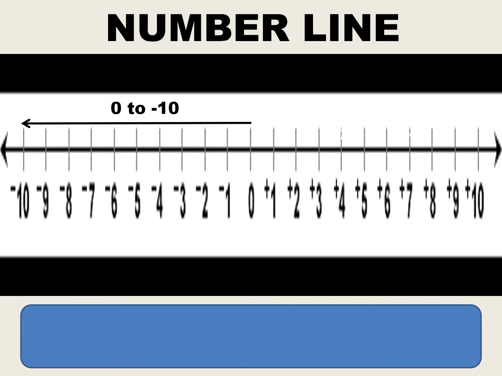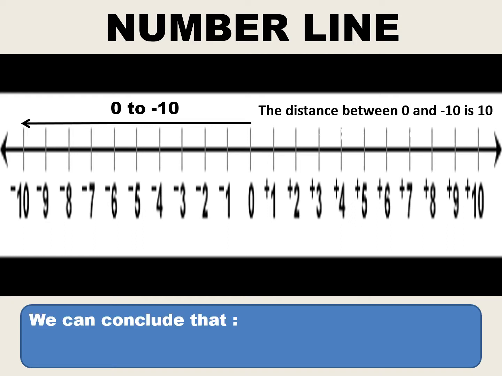So what is the distance from 0 to negative 10? The distance between 0 and negative 10 is 10. So we can conclude that the absolute value of negative 10 is equal to positive 10.